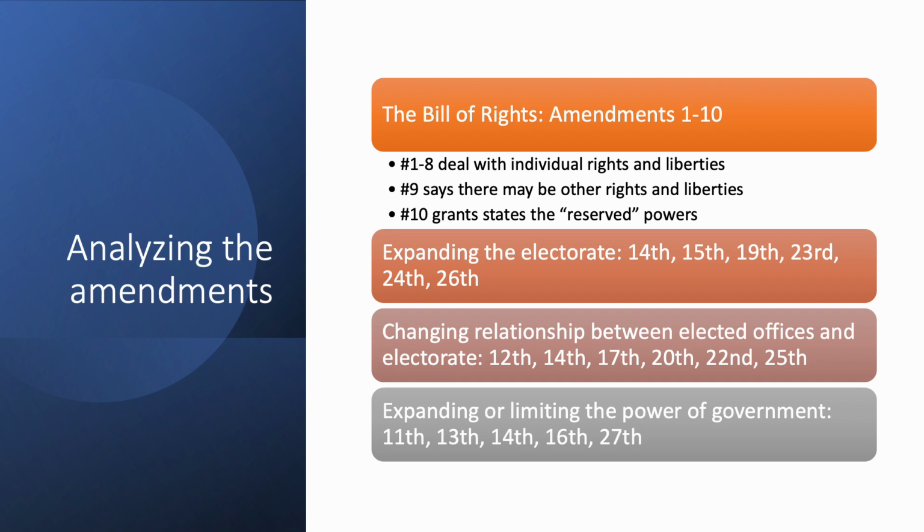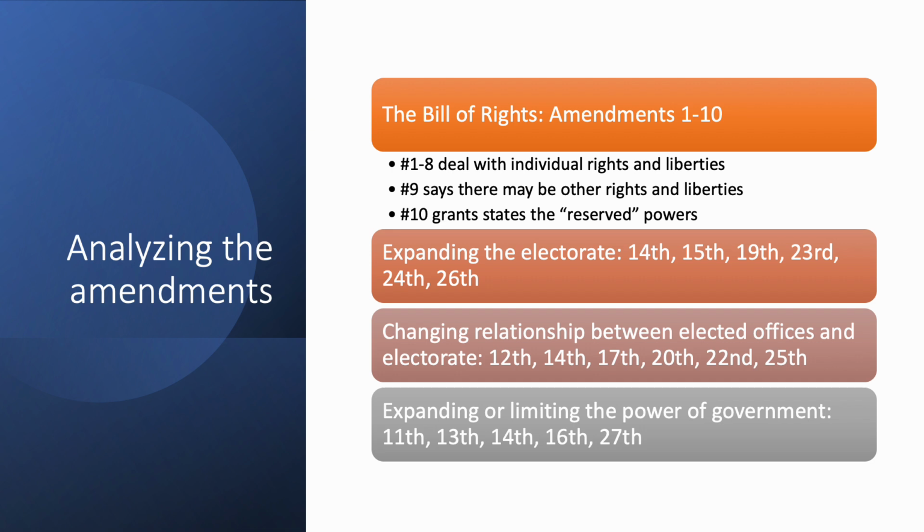We've talked about that. Now, several amendments basically expand the electorate. The 14th, as we've talked about, 15th, the 19th, 23rd, 24th, those are all about expanding the electorate. Then we have other amendments that change the relationship between the elected officials and the electorate in various ways, mainly about the presidency.